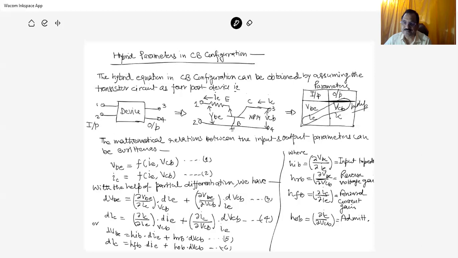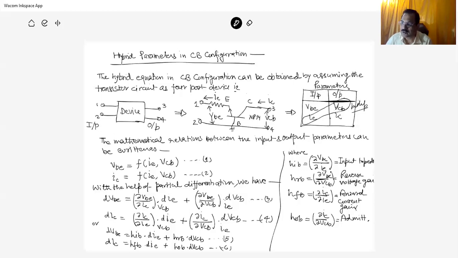And equation 6 can be written as dIC is equal to HFB into dIE plus HOB into dVCB. Here the hybrid parameters are: HIB is the input impedance at short circuit; HRB is the reverse voltage gain, because this is input voltage upon output voltage, that's why it is called the reverse voltage gain; and HFB is delta IC upon delta IE, the forward current gain.